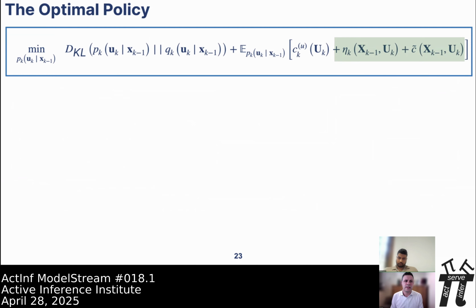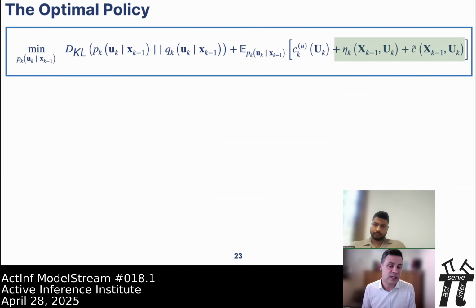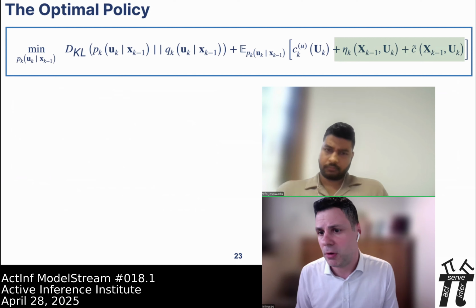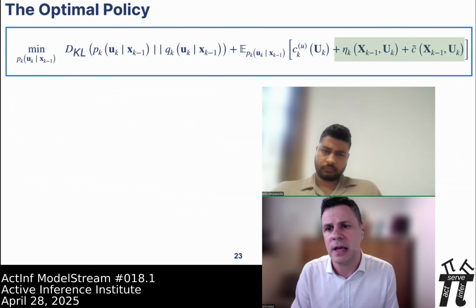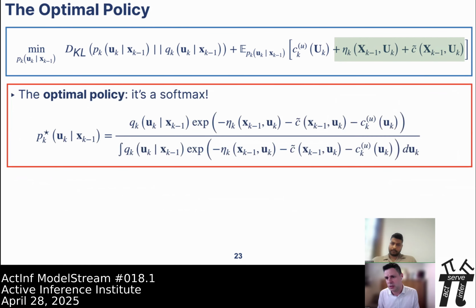Now, this might seem a rather abstract optimization problem, but actually it is very popular in the literature. And it even has a policy with a well-defined algebraic solution, which is a softmax. So what you see here is basically a softmax function, a twisted softmax function. And what is the idea that this policy implements?